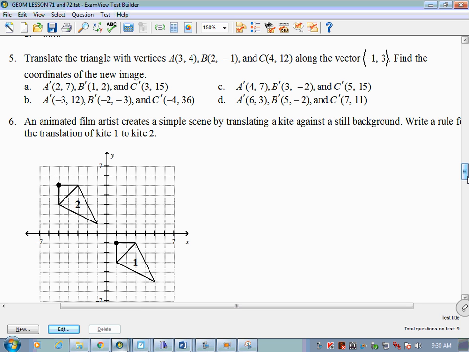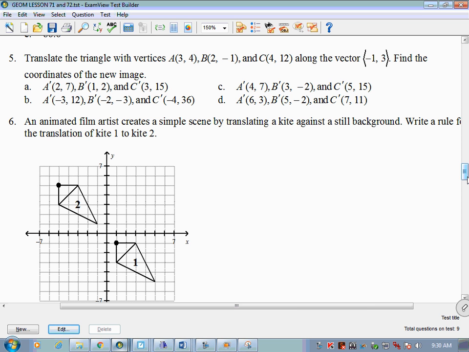Moving to the left 1. That's absolutely right. And what does 3 tell me I'm doing? Moving up 3. It also tells me that if I'm just looking for the coordinates, on every one of these x's, I'm going to subtract 1, and on every y, I'm going to add 3. Does that make sense? So as we look at A, what am I doing with 3?